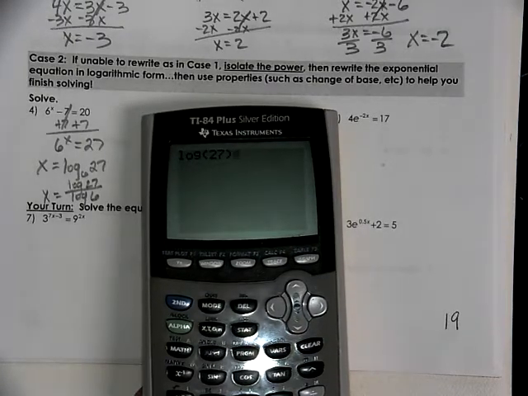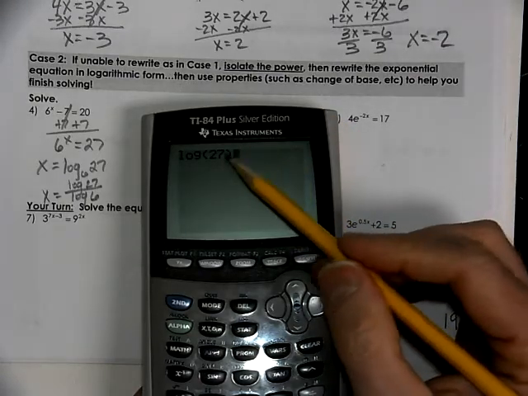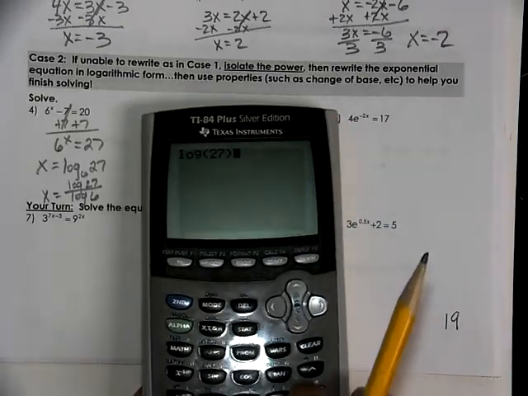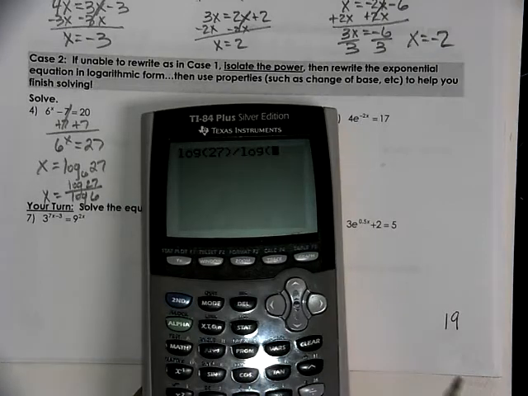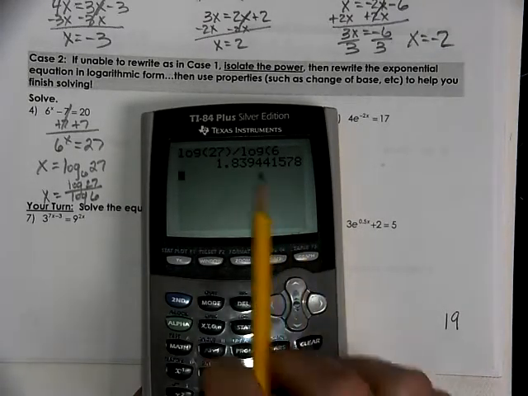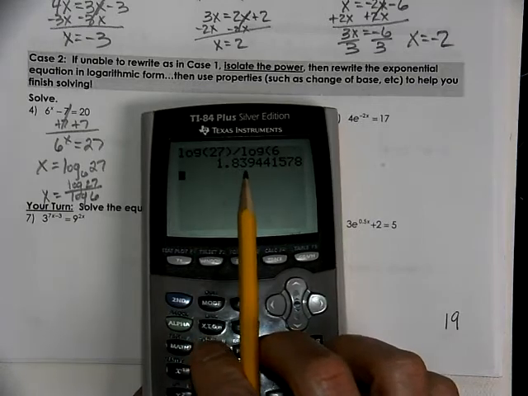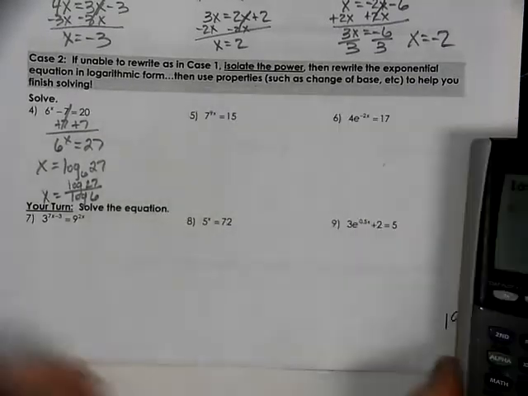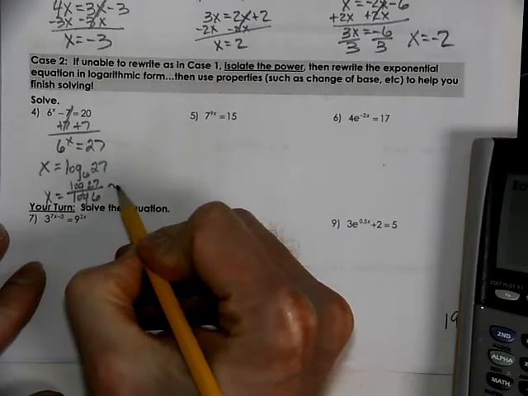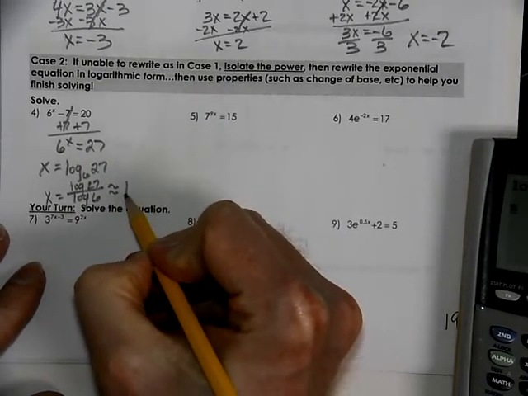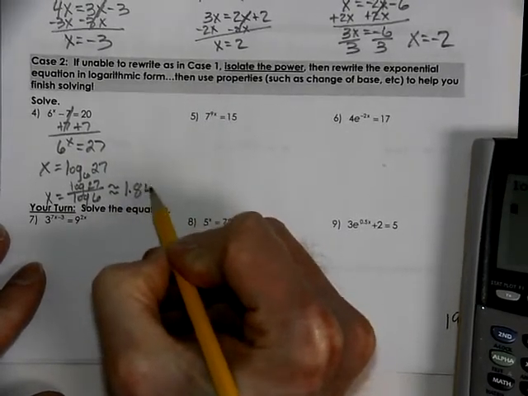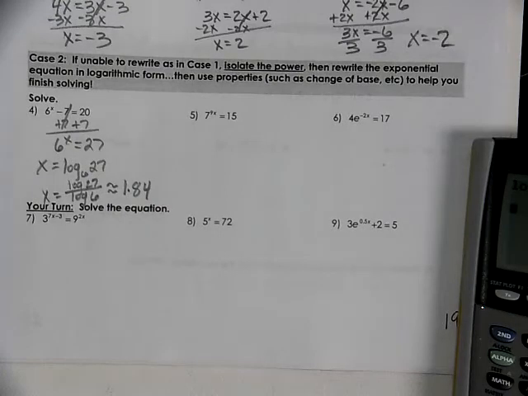It's very important that you close the parentheses around the 27, because we're going to follow that up by dividing by log of 6. And that's our 1.84 if we're rounding to the nearest hundredth. So we need to show our steps.